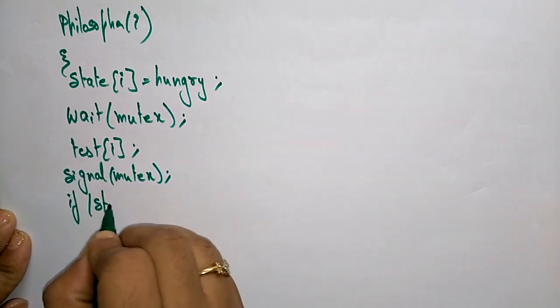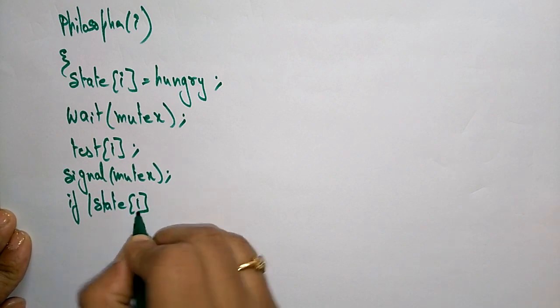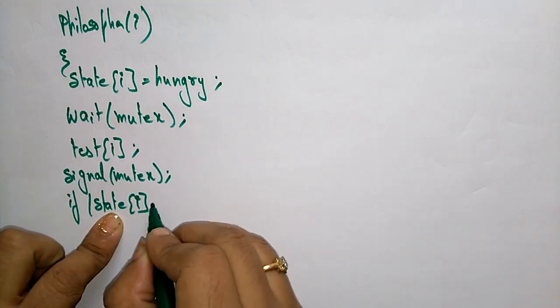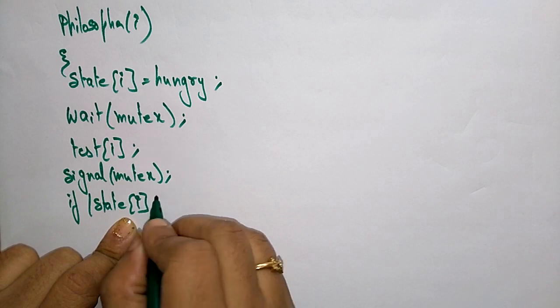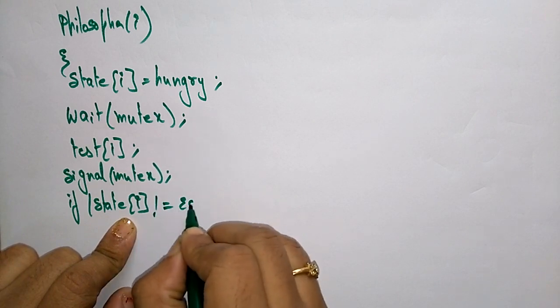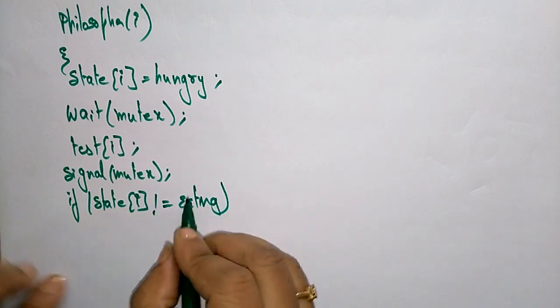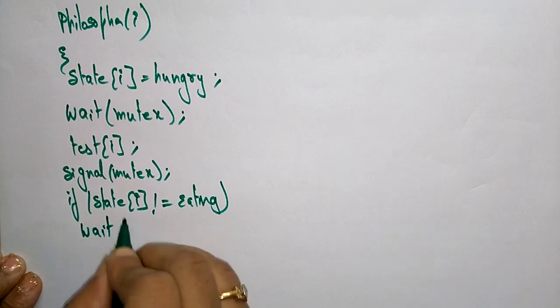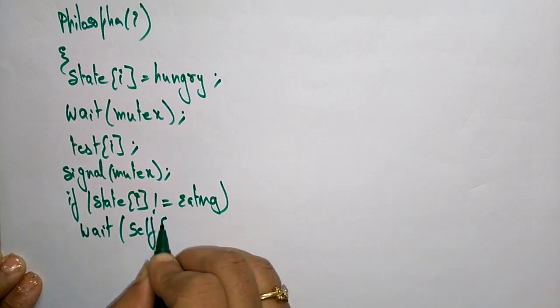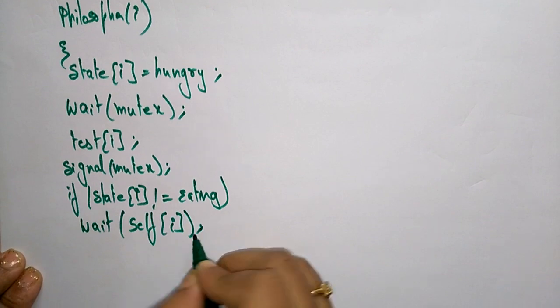If state[i], that is philosopher 0, let's take this, is not equal to eating, he is not eating. So then he has to perform wait(self[i]), that is starting at 0.